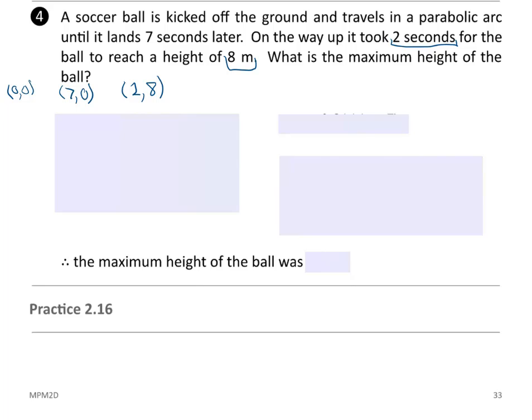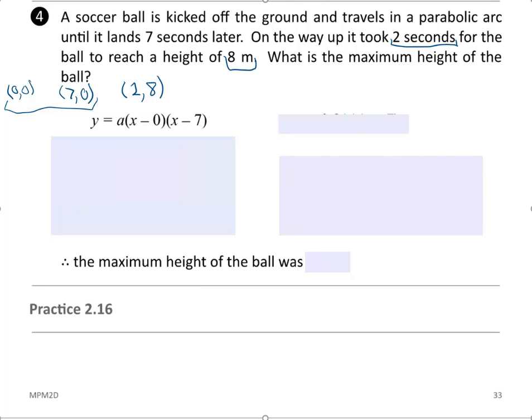Okay, and now we need to figure out the maximum height. Well, we start with our factored form using these two, so y equals ax times x minus 7. Or x minus 0. You could just write that as x, and that would be fine.